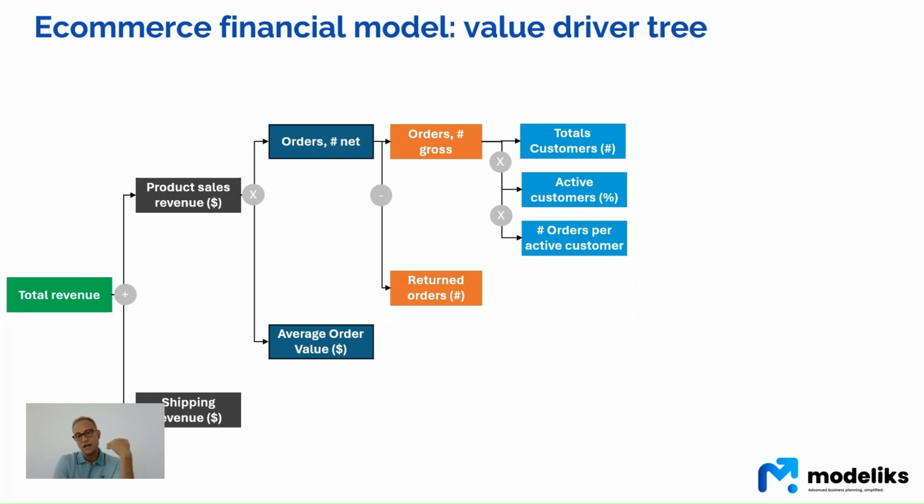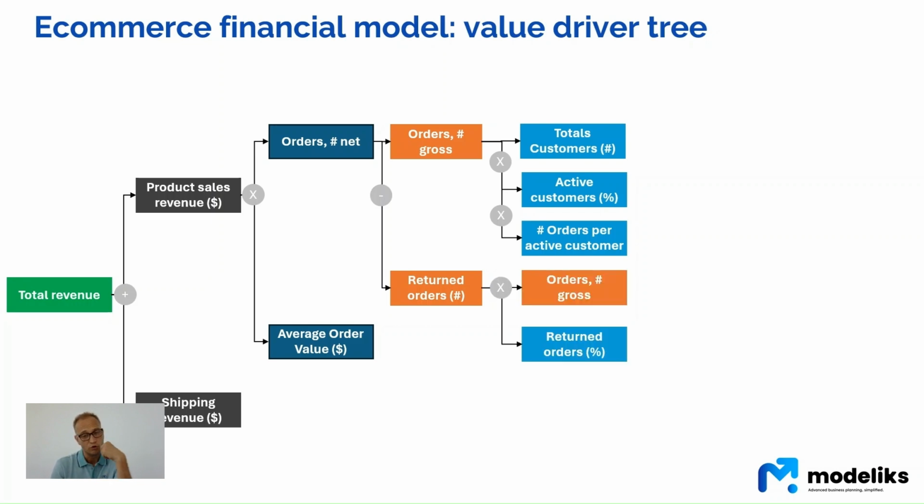And then we multiply total customers by the percent of active customers, and then we multiply it by the average number of orders that an active customer makes per month in our business. So those customers that are not active, they make 0 orders per month. But those that are active, what is the average number of orders that they make per month on our platform? So this is how we're going to calculate the total number of gross orders.